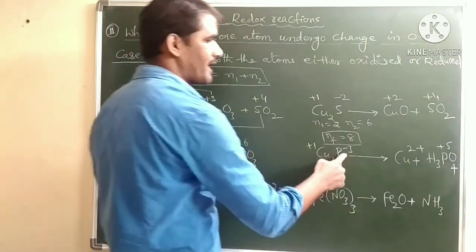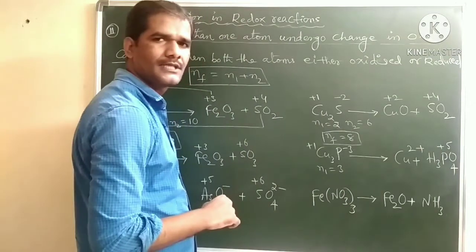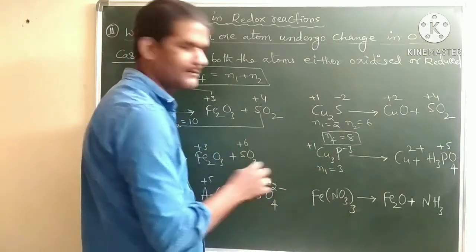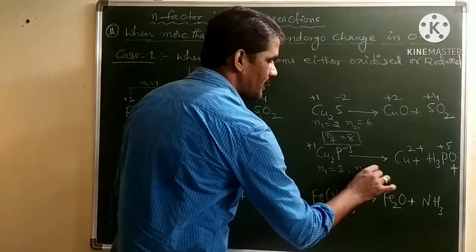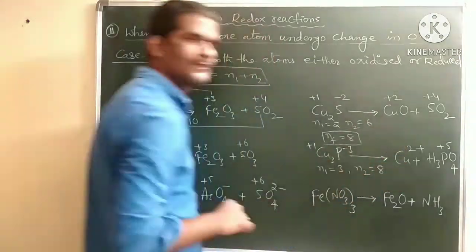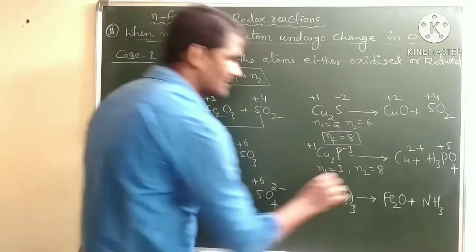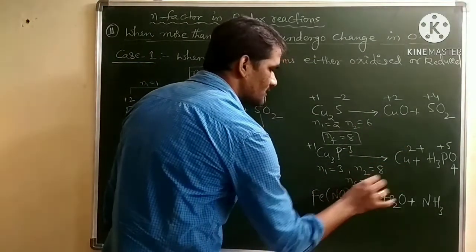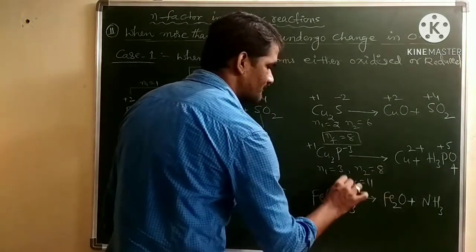Similarly phosphorus -3 to +5, change is 8, anyhow only one phosphorus is there, N2 is 8. Now the total n factor, 3 plus 8, 11.